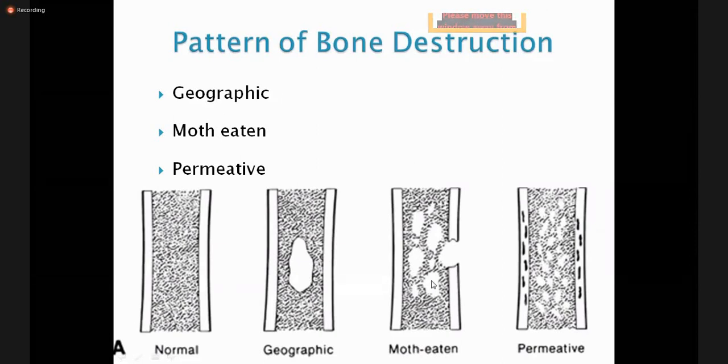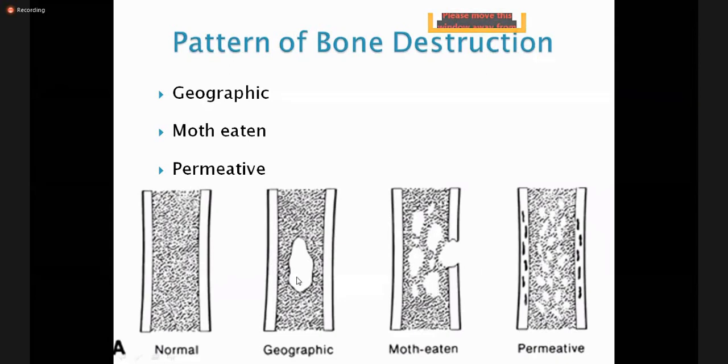When there are multiple lytic lesions, just like something bitten by a rat, these are moth-eaten destruction. When there are very small, multiple, ill-defined, small lucencies within the cortex, it is a permeative type. So these are the different patterns.